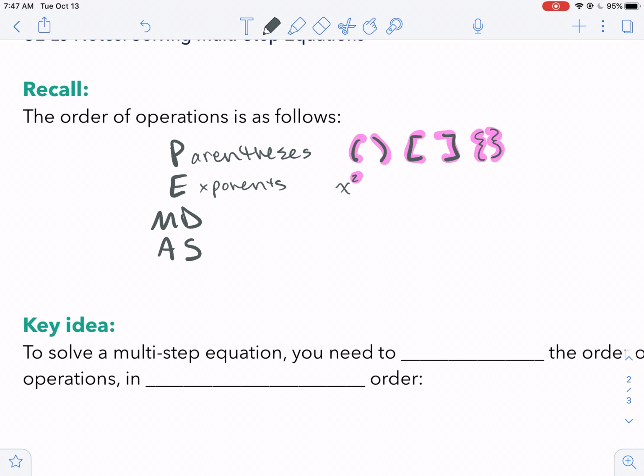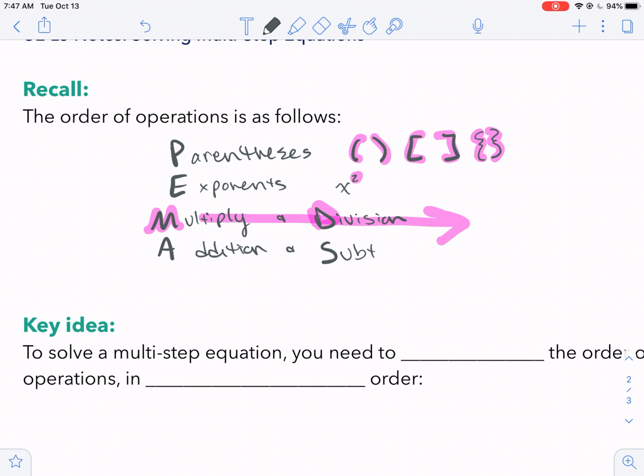And after that you have multiplication and division. And we do multiplication and division from left to right, however they appear. And then finally we have addition and subtraction. Did I say from right to left? Because I totally meant from left to right. Good thing I wrote it down. Addition and subtraction, the same step from left to right as they appear.